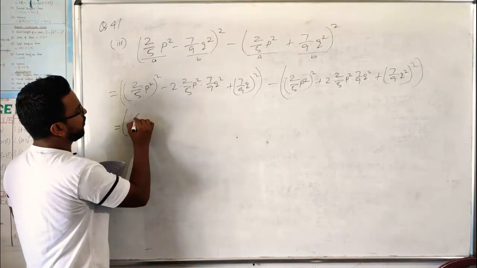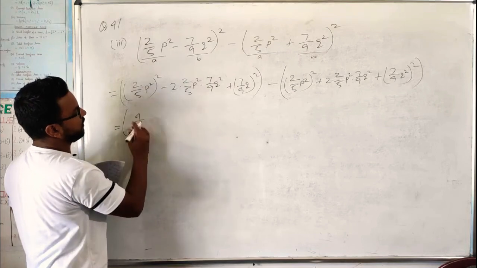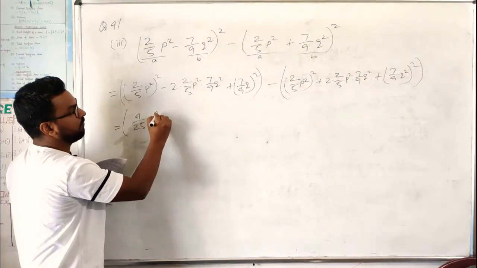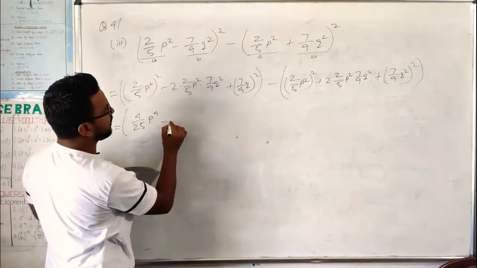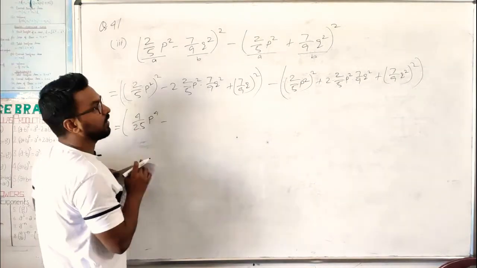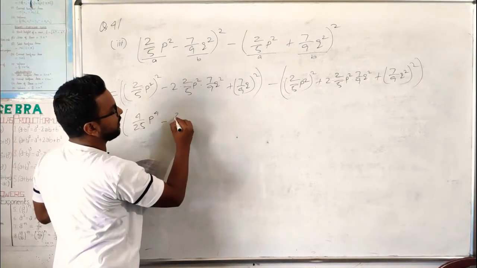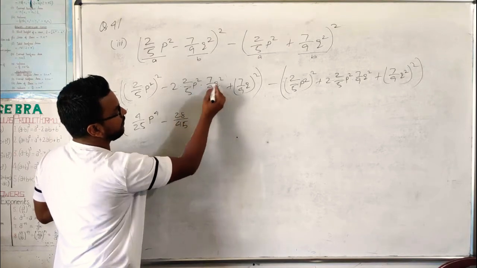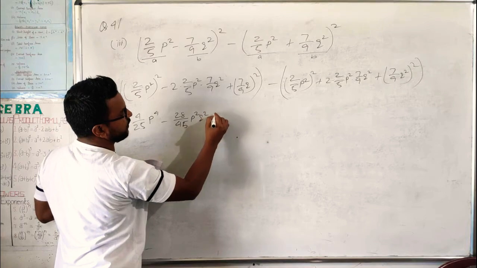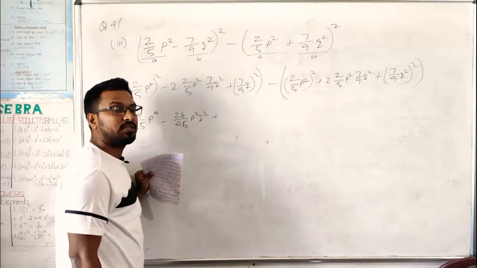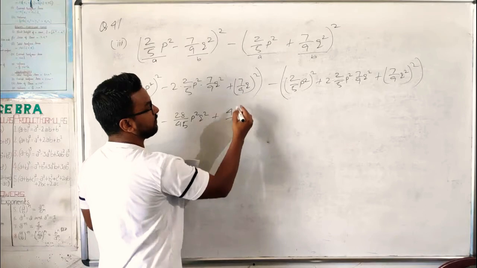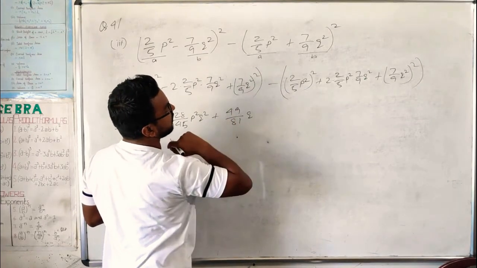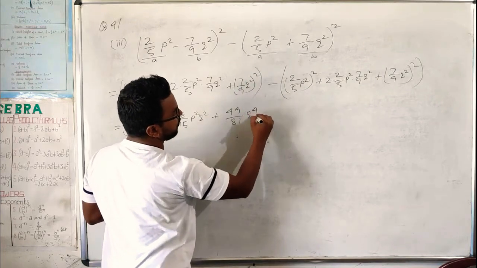Okay, next we'll open this bracket. This will become 4 by 25, and square of p square is p to the power 4. Power will get multiplied. Minus, we'll multiply all the numerical values here. 2 2s are 4, 4 7s are 28, and in the denominator 9 5s are 45. p square q square plus square of 7 is 49 and square of 9 is 81. q square squared, so this will become q to the power 4.